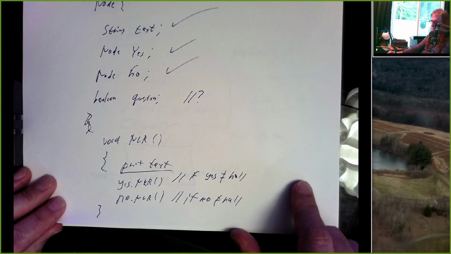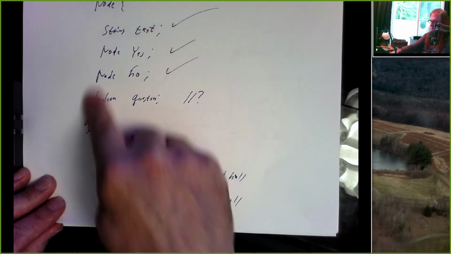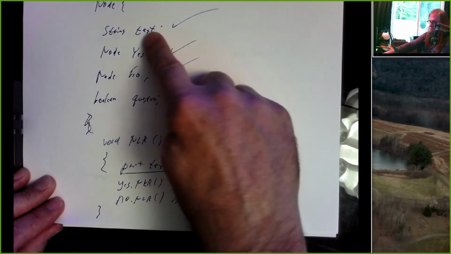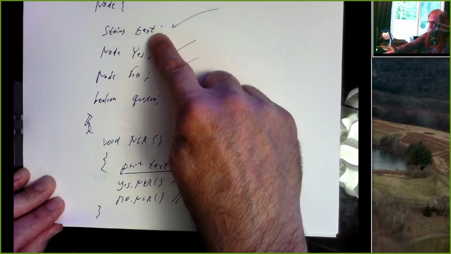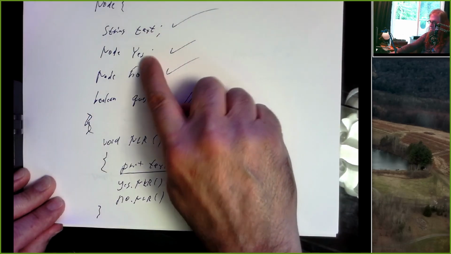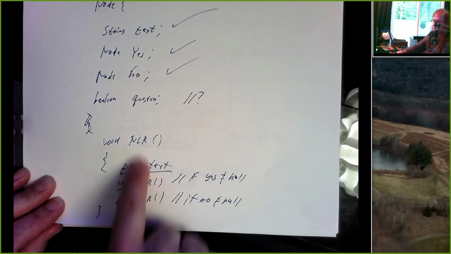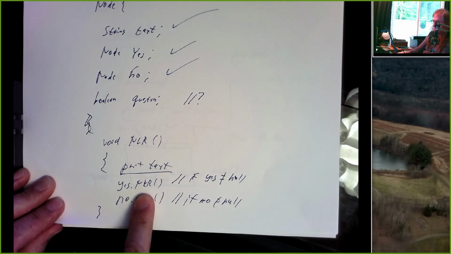And to traverse this node, or to traverse the tree whose root is this node, first you print the text itself, and then you traverse the yes and no subtrees. How do you do that? By using the same method that's right here on the yes and no subtrees.